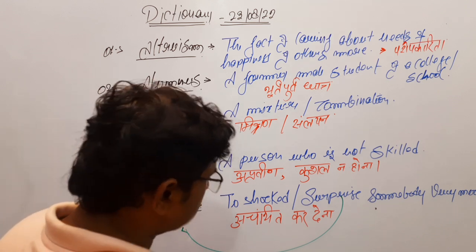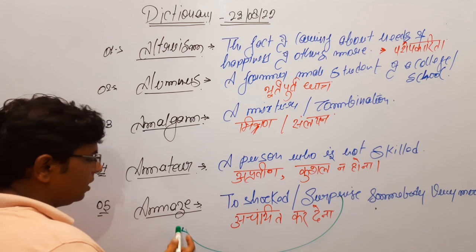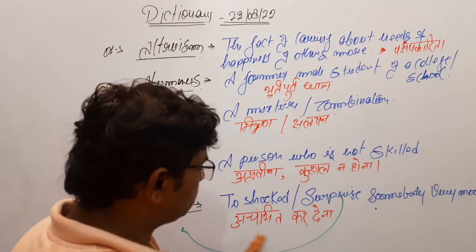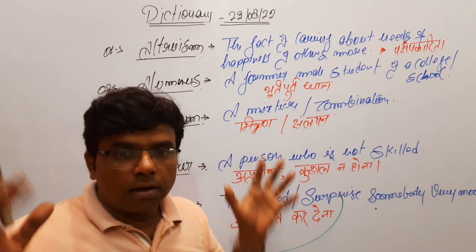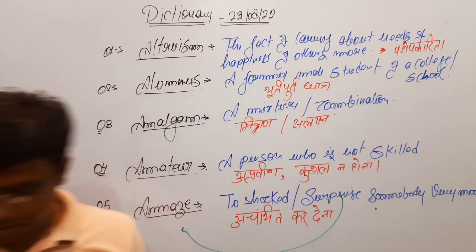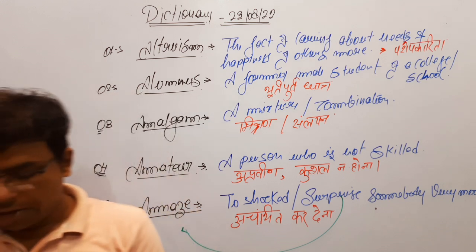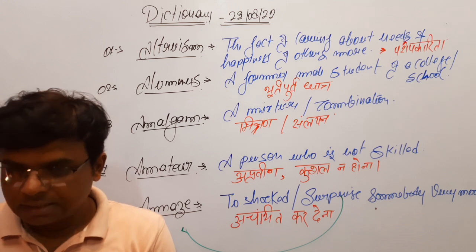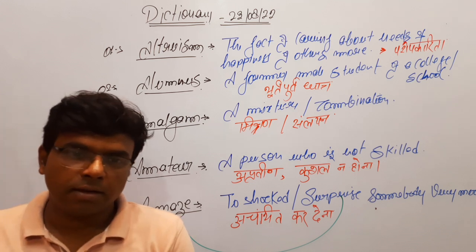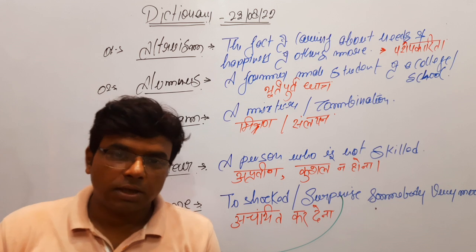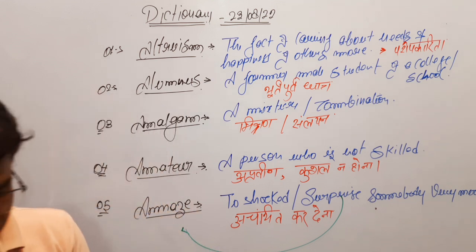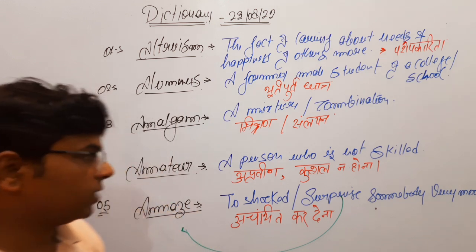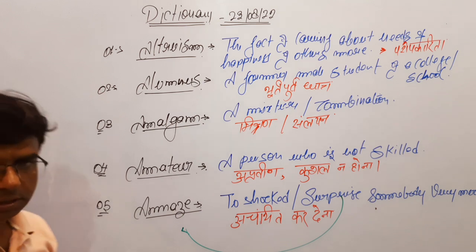When the surprise moves to its next level, it is known as amaze. Achambit kar dena, something like this. I was shocked to hear of an accident of person A, but I was amazed that a kind of skilled person we lost.